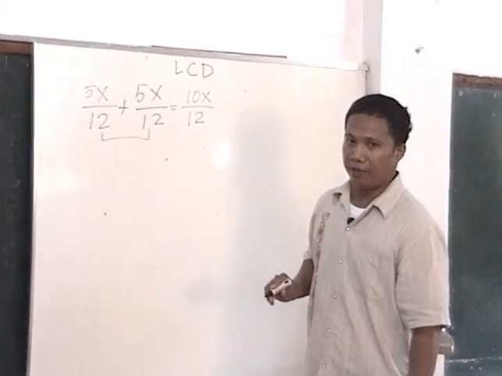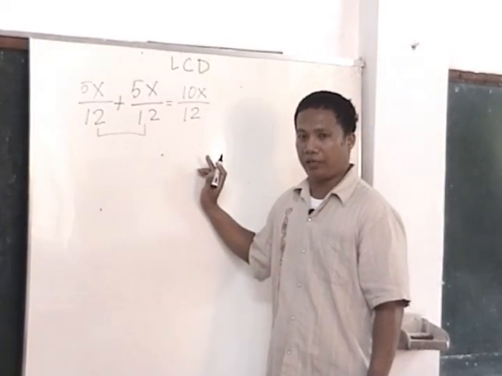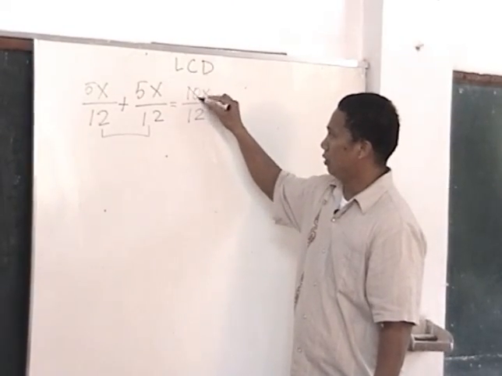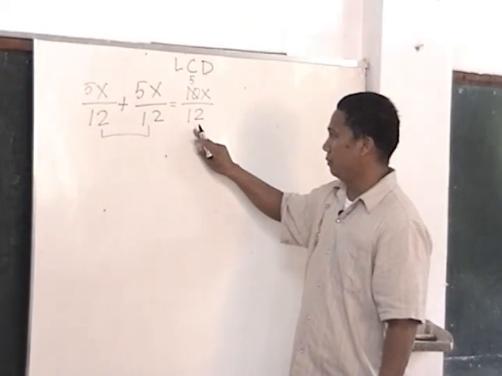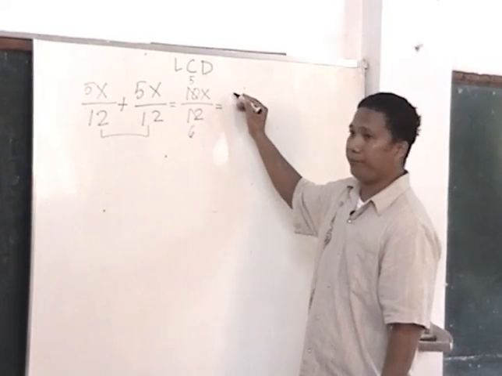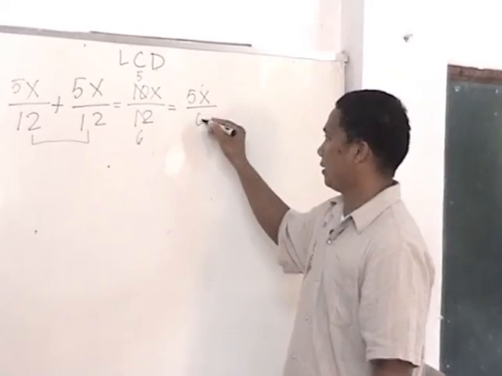And as you can see now, we have 10 and 12 and we can extract a common factor out of it. We have to divide 10 by 2, so it will become 5. We have to divide 12 by 2 again, so it will become 6. So the final answer will be 5x over 6.